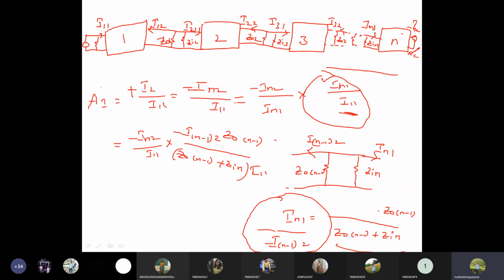I11. Okay, so this is the simplification.